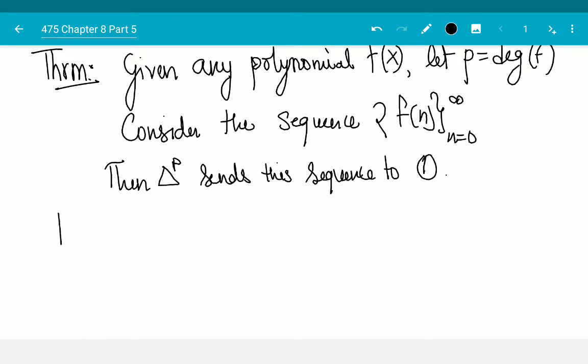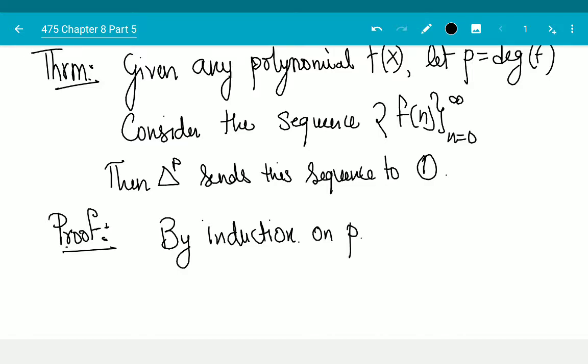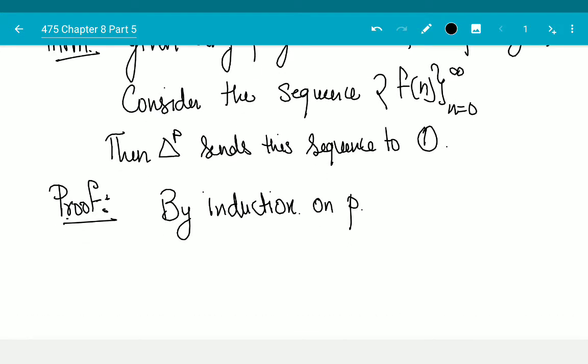Okay, proof. We are going to use induction on P. First let us look at the case P is equal to 0. Well, this is trivial, right?